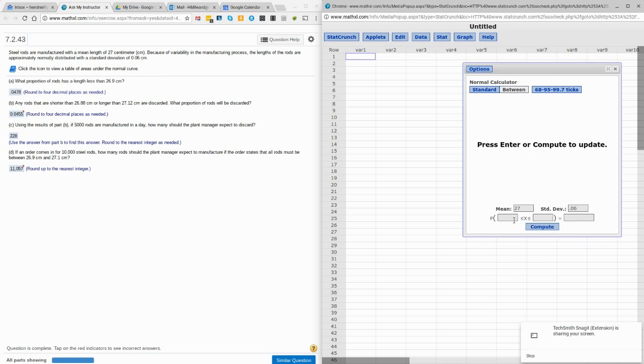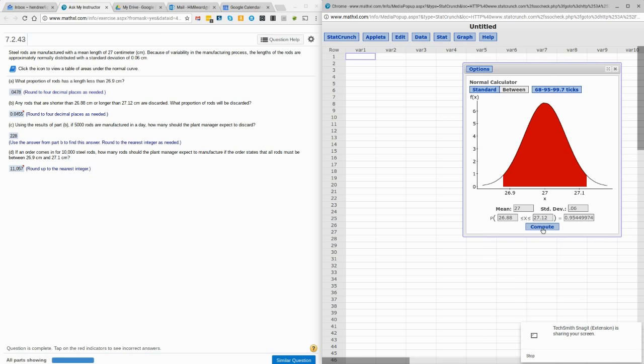And likewise, when you do the between calculator, shorter than 26.88 or longer than 27.1, we're getting the shaded region in the middle, the probability that we have a rod between these two values. But what we really want is the opposite of this. We want this to be red and this to be red.